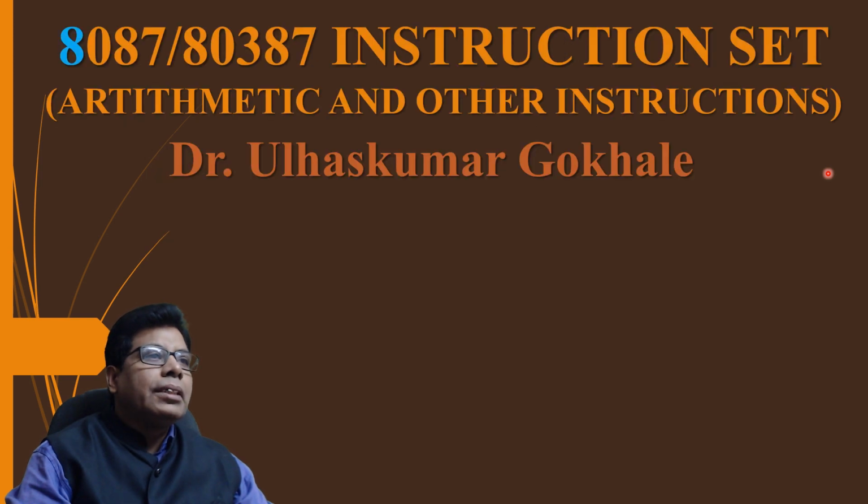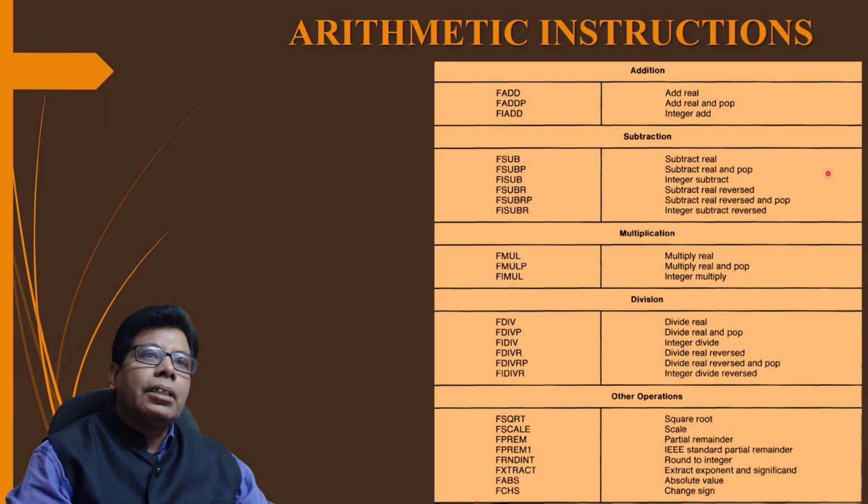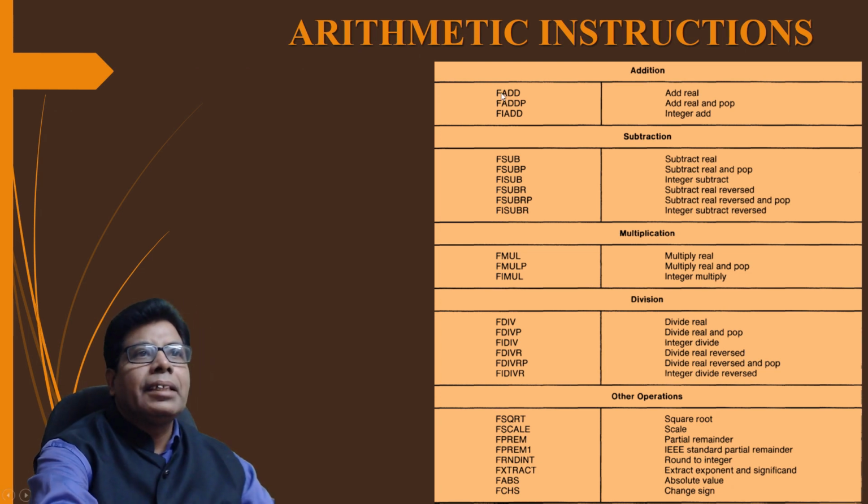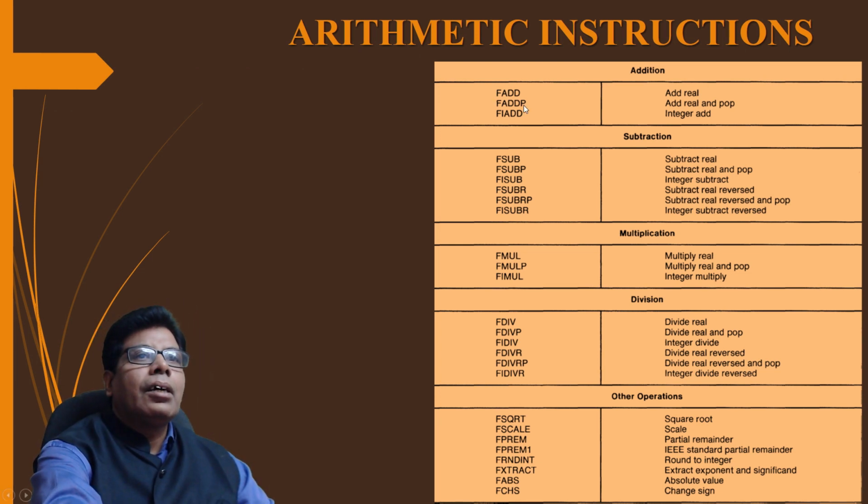The topic for today is 8087 80387 instruction set, arithmetic and other instructions. We'll directly start with the arithmetic instructions. We have instructions for addition, subtraction, multiplication, division and other operations. In addition, we have three instructions: FADD, FADDP and FIADD.